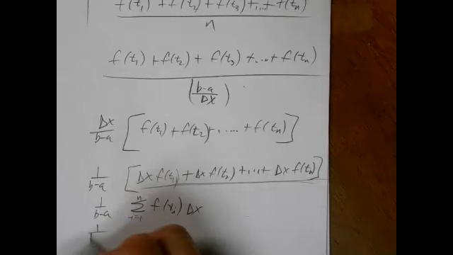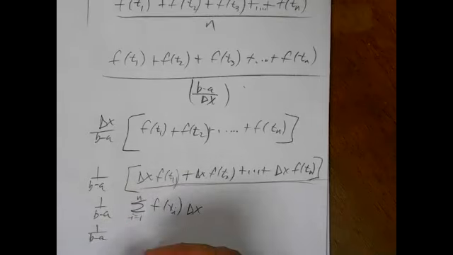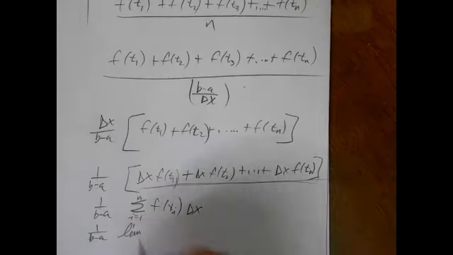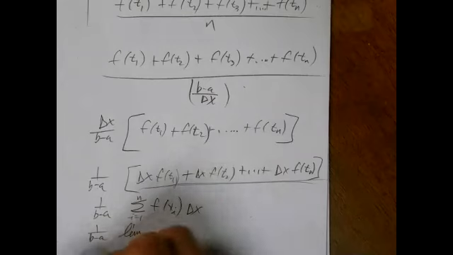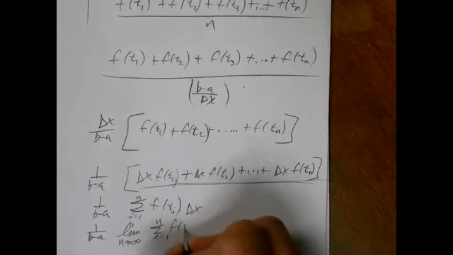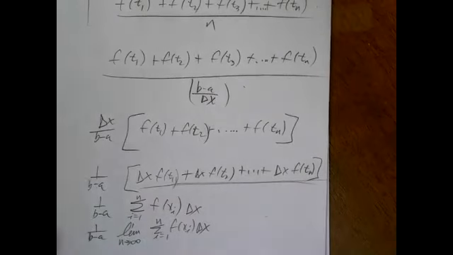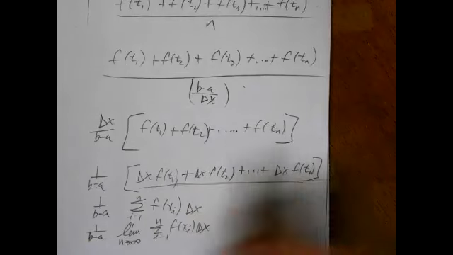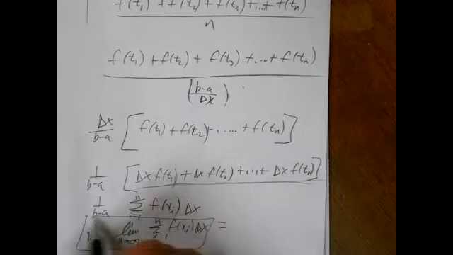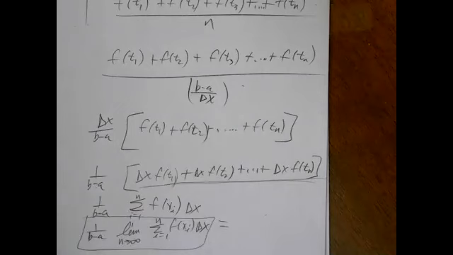So to make this become exact, I've got 1 over (b minus a) times the limit as n approaches infinity of the summation from i equals 1 to n of f of x sub i delta x. What that would do would make this approximation of the average become exact. But again, all of this is now an exact average instead of an approximated average.